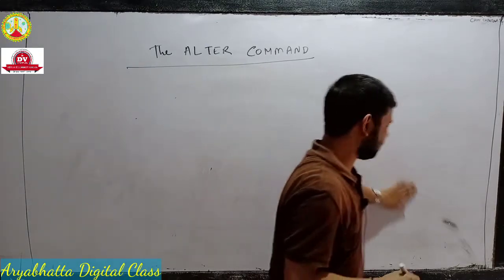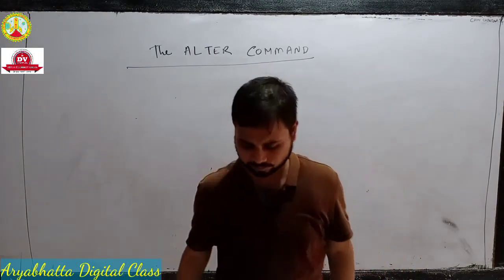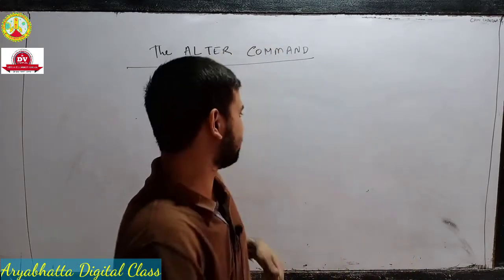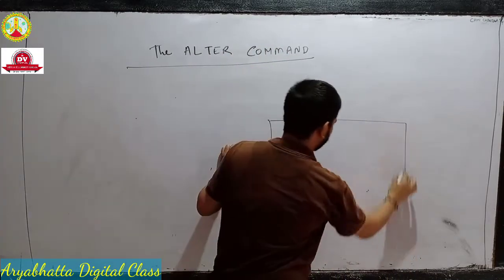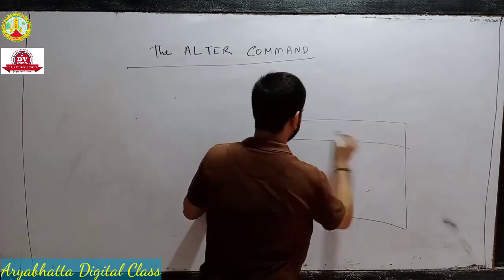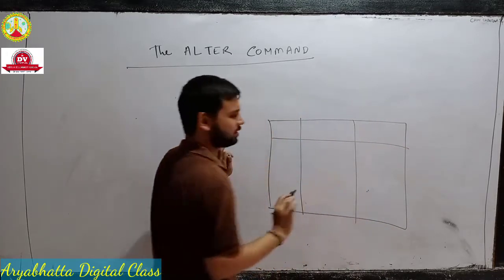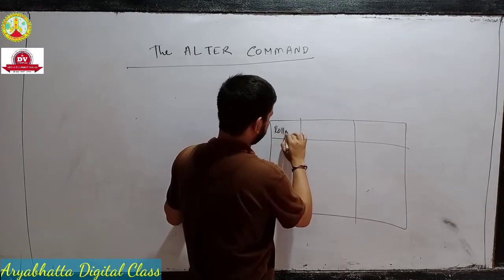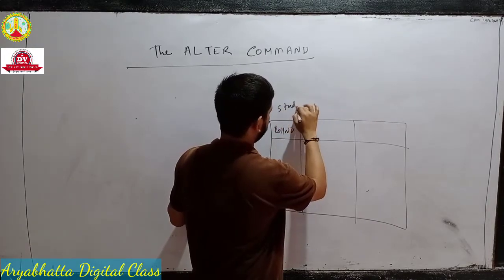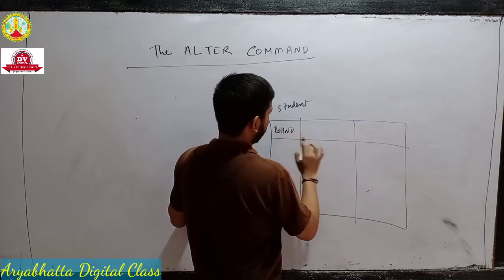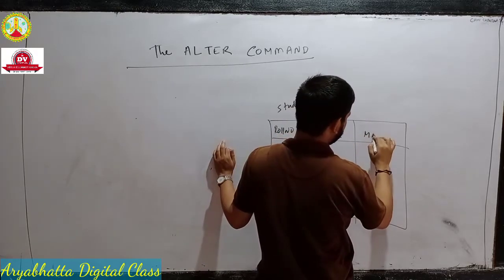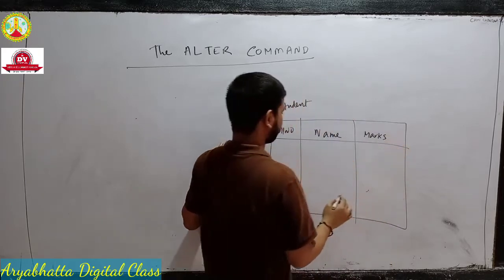First of all, the alter command is used to add a new column. Suppose there is a table, named student, with three attributes: roll number, name, and marks.